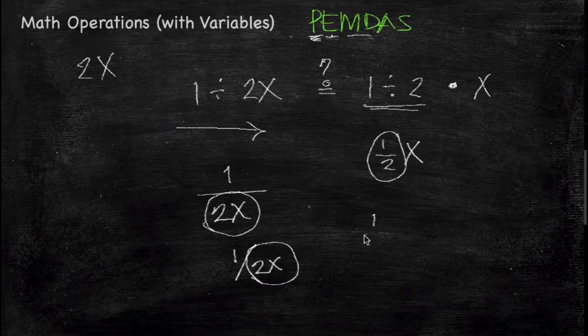So, pag sinabi natin 1/2 x, it's not the same as 1 over 2x, because 1/2 x is x over 2 when you multiply this, no? x over 2. So, 1 over 2x and x over 2 are two totally different entities.